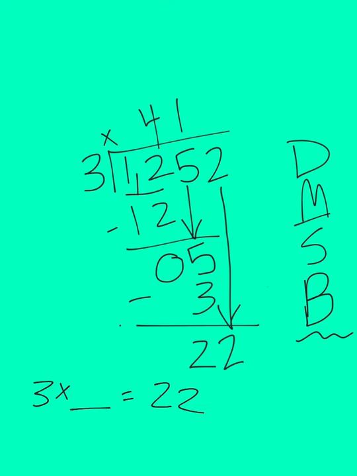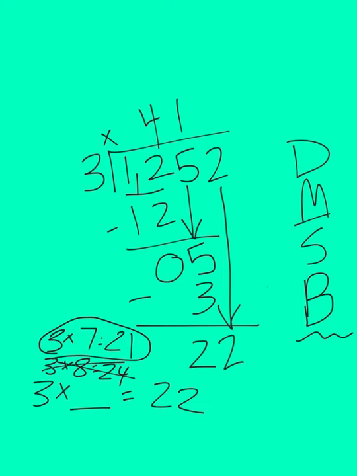So, let's try 3 times 7. Okay, 3 times 7 is 21, so that could work. 3 times 8 is 24, so that's too big. So we're going to have to stick with just 3 times 7, which is 21. So 3 can go into 22 7 times.